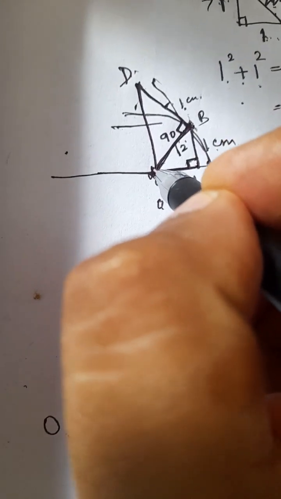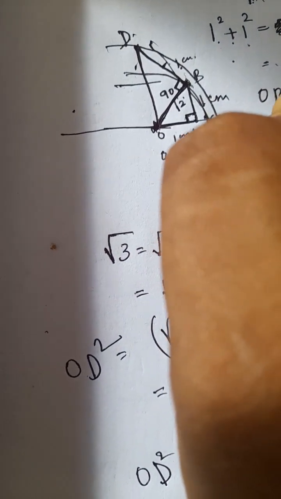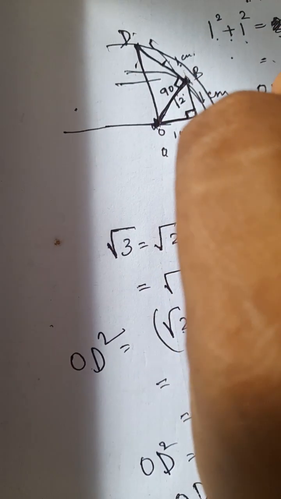So I keep my compass point at this juncture, take this length and draw an arc, and with this arc you get a point.